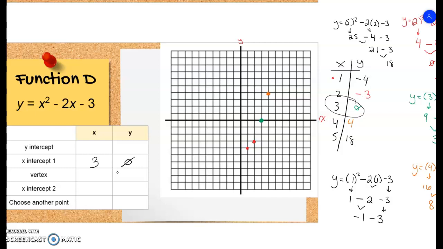Okay? What's really cool about parabolas is this. I can actually see that it's going to curve this way, right? It's going to continuously curve up. What's super cool about parabolas is they're mirrored.